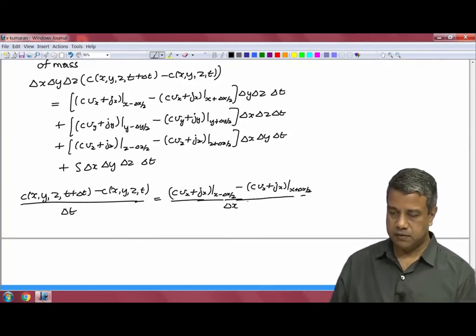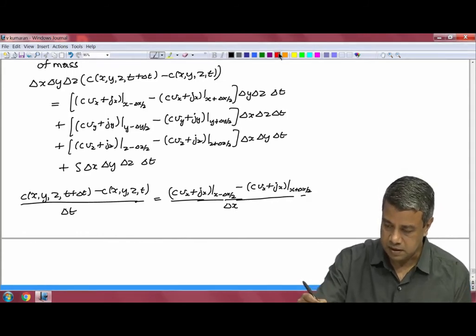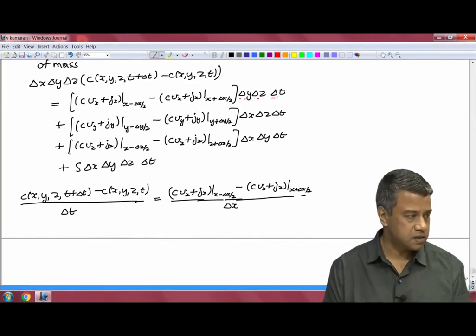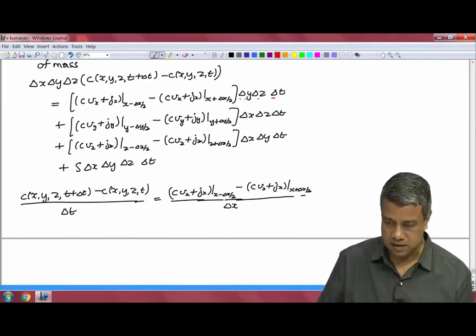When I divide by volume and by delta t, delta t cancels out, delta y and delta z cancel out, and in the denominator I will have only delta x.